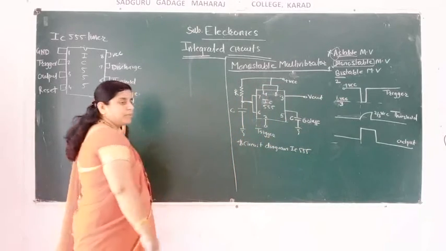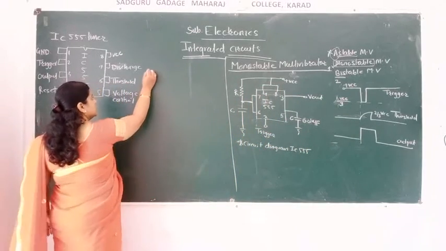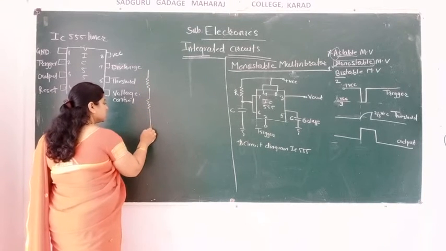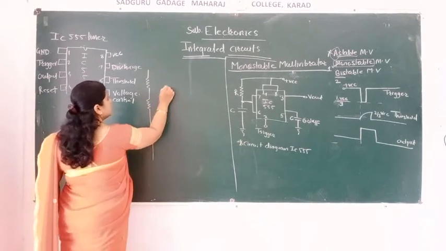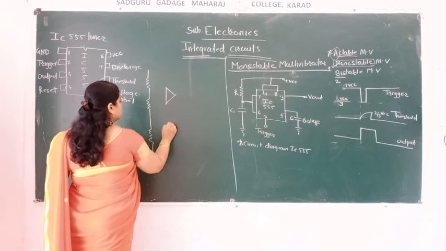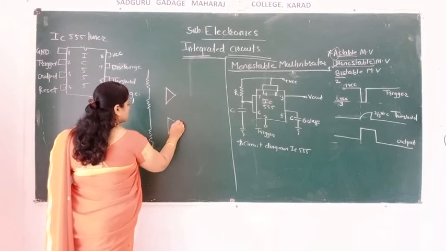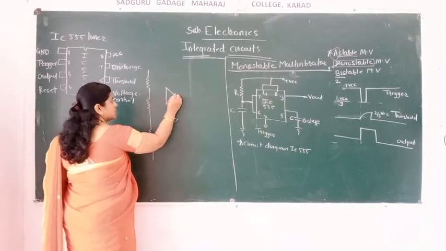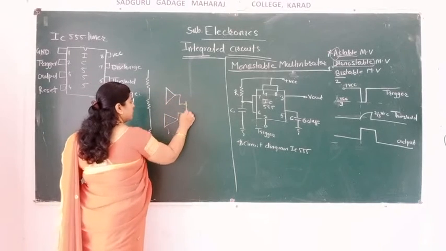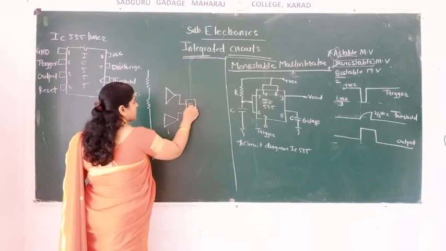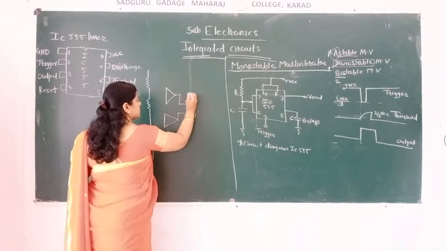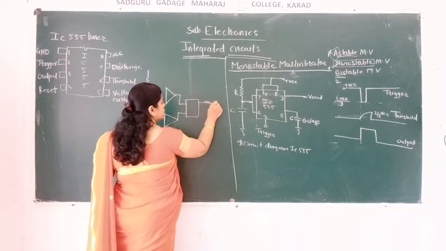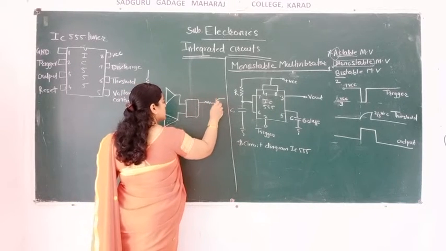First we will see, in the previous lecture I have drawn the circuit diagram like this. There are two comparators that we use, comparator 1 and comparator 2, isn't it? These two comparators have one flip-flop circuit, and one resistor and one transistor are used.